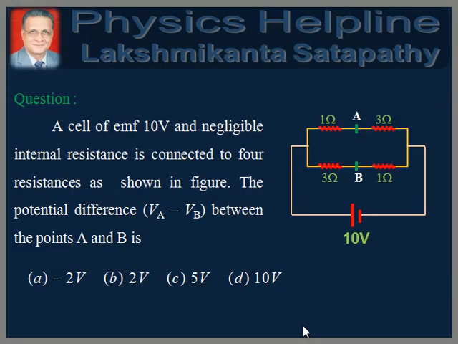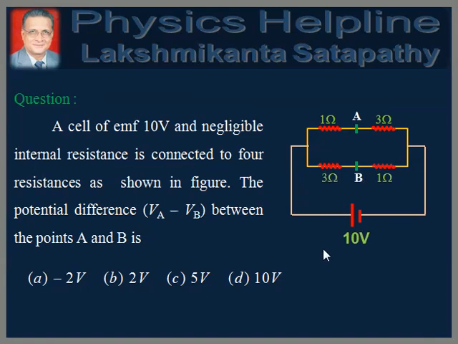Read the question carefully. Look at the series parallel network of resistances shown in the figure. In the upper branch, the two resistances are 1 ohm and 3 ohms, and in the lower branch, the resistances are 3 ohms and 1 ohm.